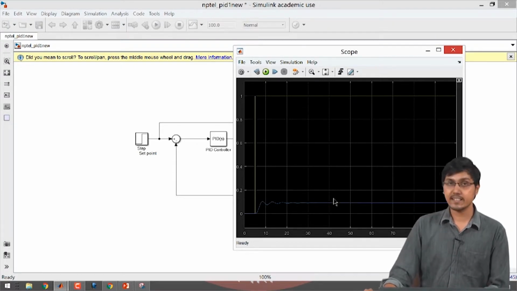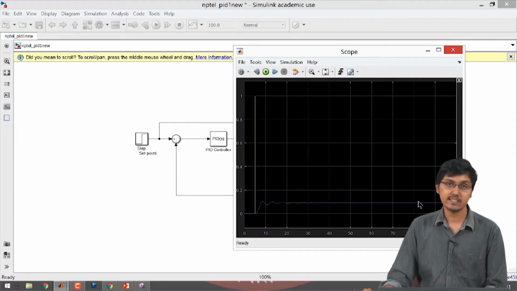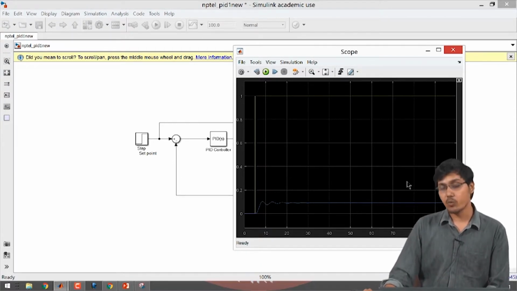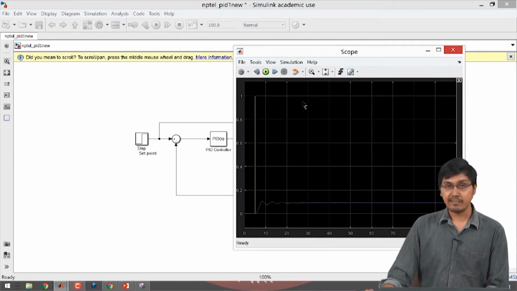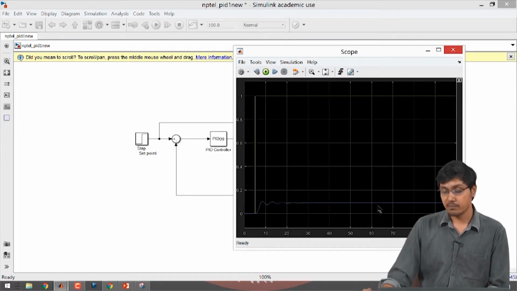At steady state, after all the transients, it is maintaining this level. The steady state error is the difference between the value I want and the value the output of the process has, so there is a constant error. Here it is 1 minus 0.1, which is 0.9.